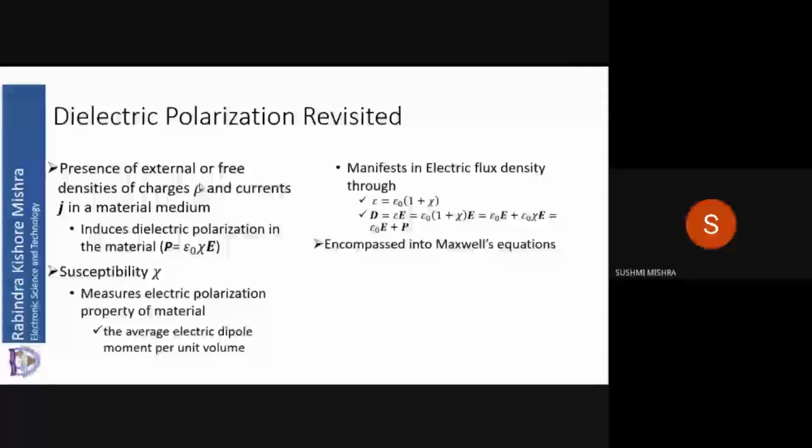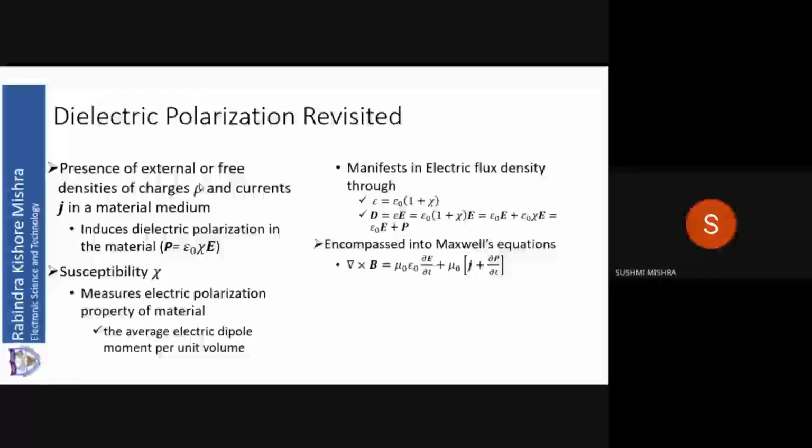This thing is encompassed in Maxwell's equations, through the curl equation for B. Curl of B is equal to mu 0 epsilon 0 dou E by dou T. Actually, this is curl of B is equal to mu 0 dou D by dou T. Right?